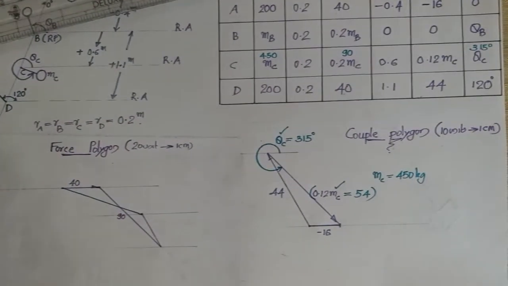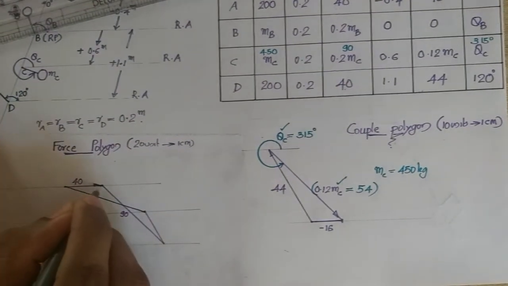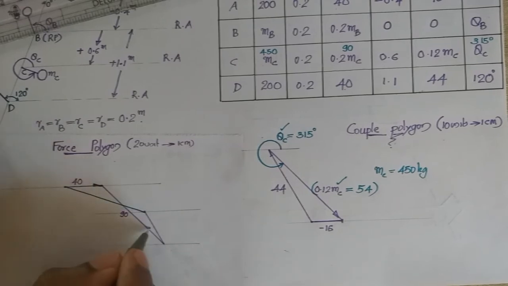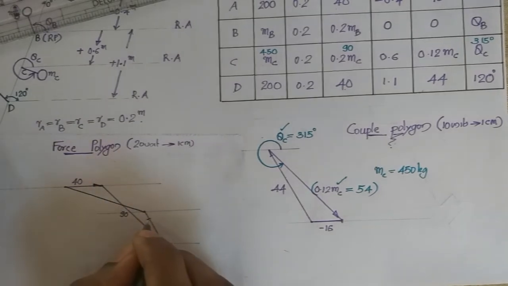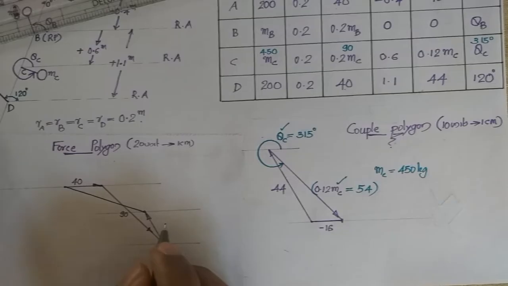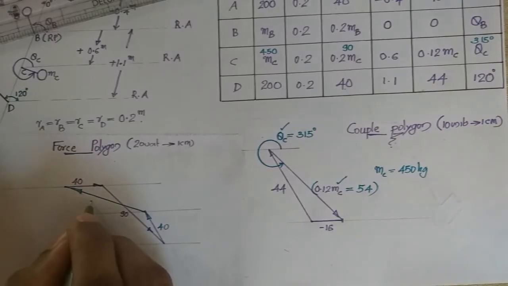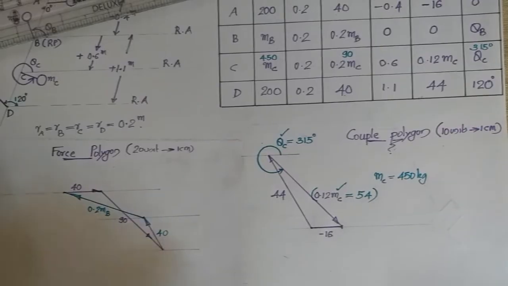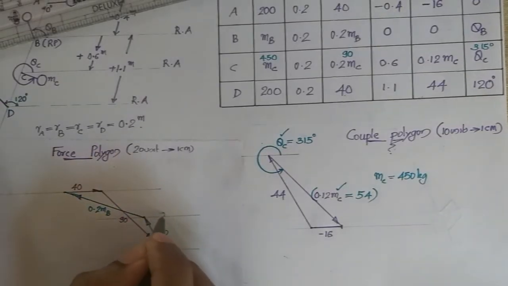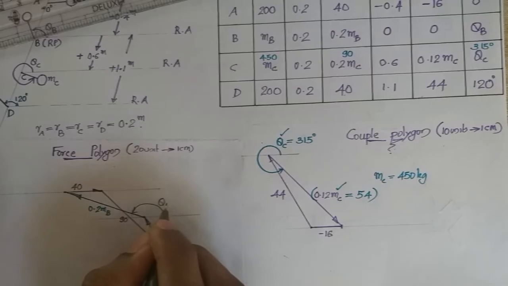So this was our first vector representing 40, second vector 90, third vector representing the 40 unit vector again, and this final closing side will be representing the 0.2 times MB vector. And the orientation with respect to the reference axis you can measure, and this will be giving the theta b value.